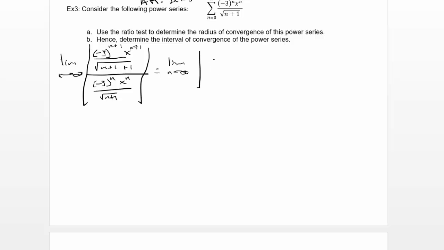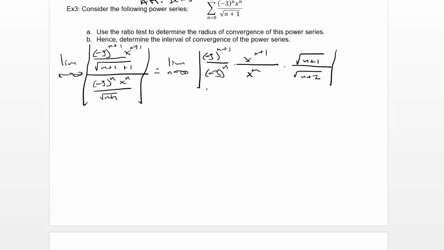So if I match things up, I have a (-3)^(n+1) on the numerator and a (-3)^n in the denominator. I have an x^(n+1) on top and an x^n on bottom. And I also have a root n plus 2 in the denominator and a root n plus 1 in the numerator.